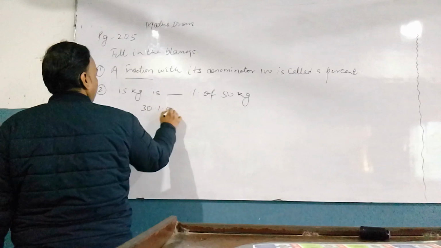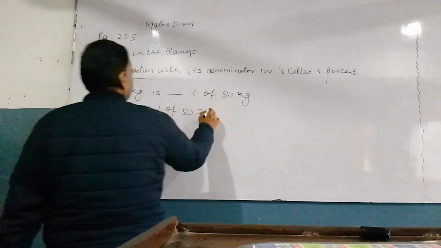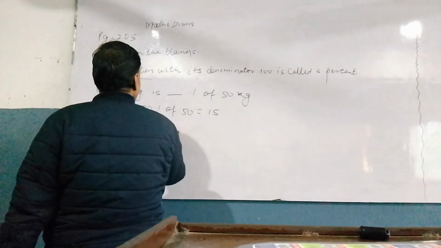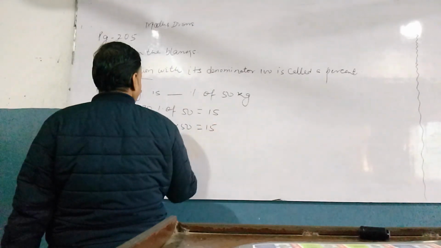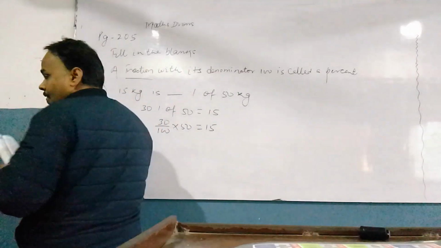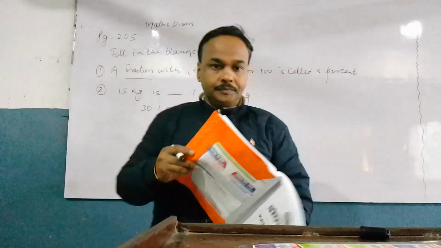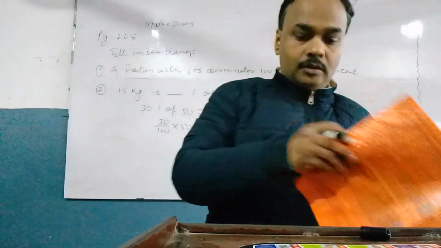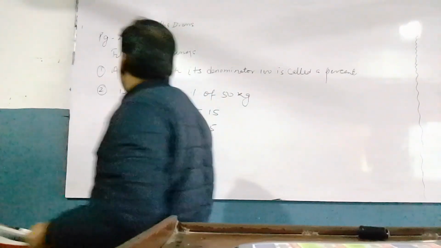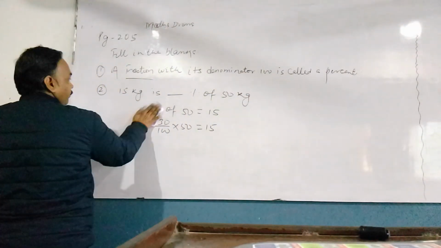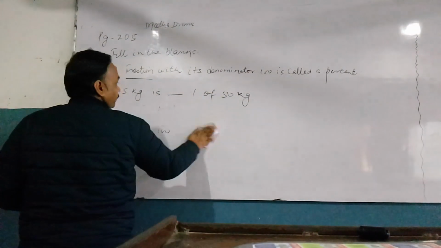Means 30% of 50 is equal to 15. 30 by 100 into 50 is equal to 15. Simple it is. Here in the fill in the blanks we will fill 15 kg is 30% of 50 kg.